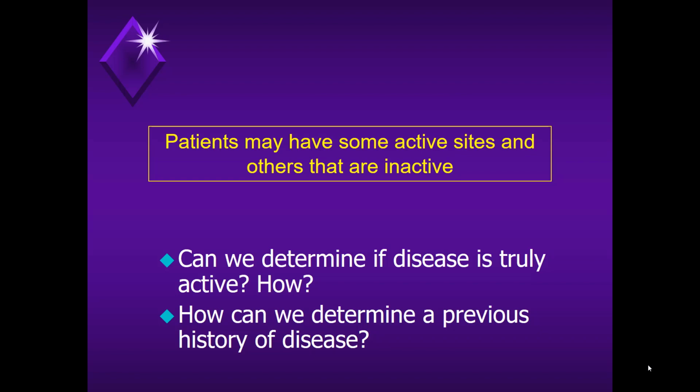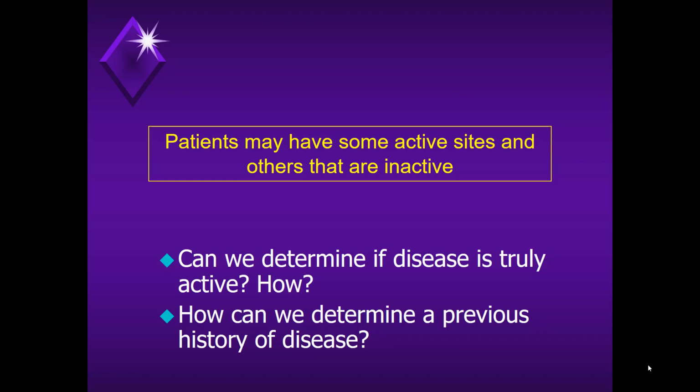There are advanced tests to try and figure out if a patient is currently breaking down or in an inactive phase, but that technology is either too expensive or not really reliable just yet.